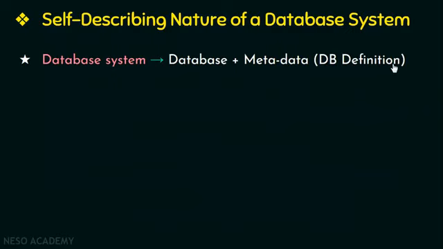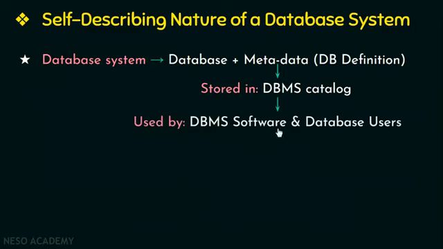Information like the data type and the constraints, etc. All this information is what we call as metadata, and this information is stored in the DBMS catalog. And this catalog is used by the DBMS software as well as it is used by the database users who want to know what the structure of the database is.